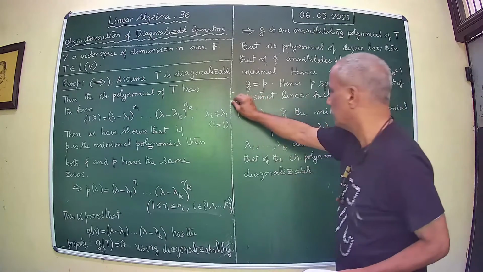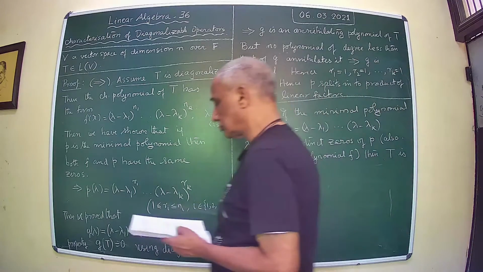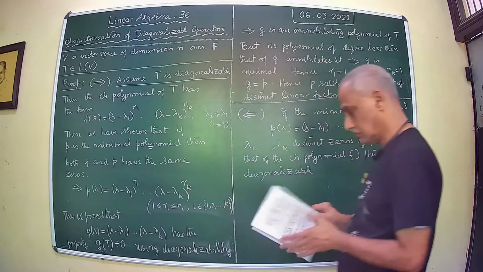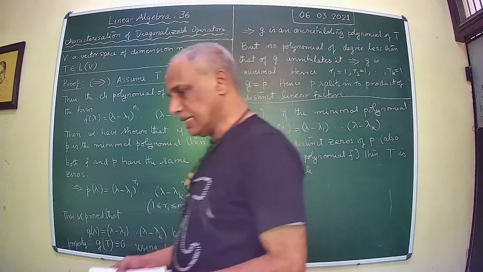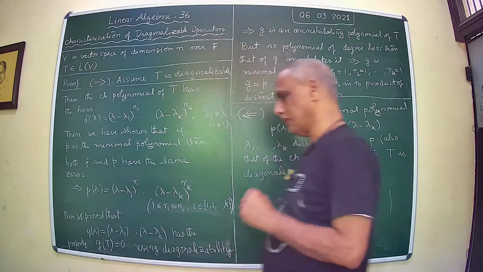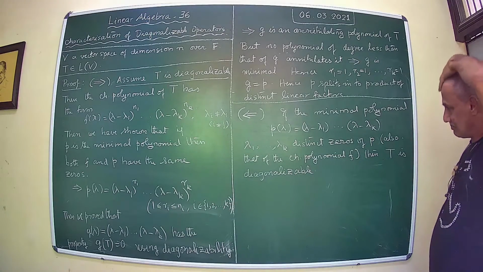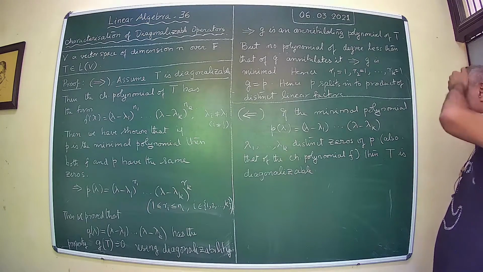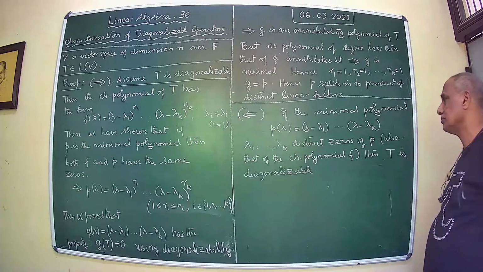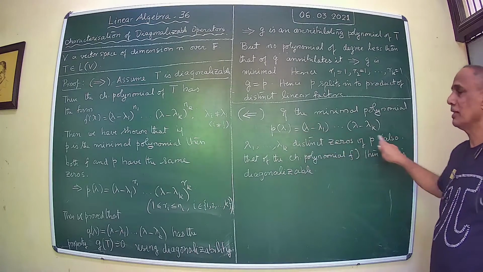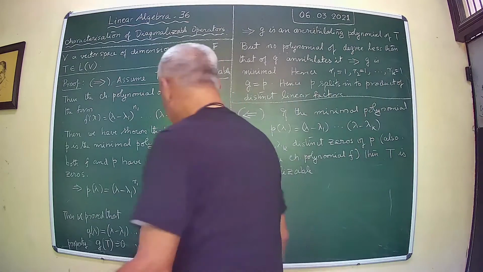What's the answer? So the method of proof is the following. Say contrapositive. Suppose T is not diagonalizable, then P lambda cannot have this property. So we use contrapositive.